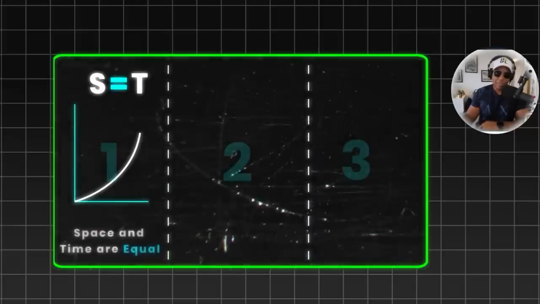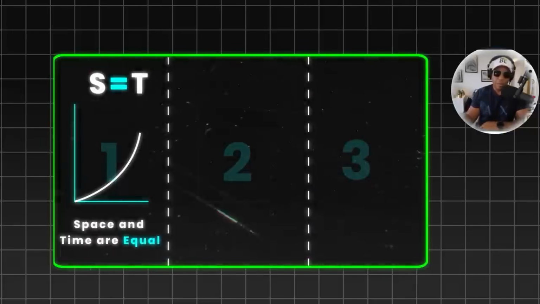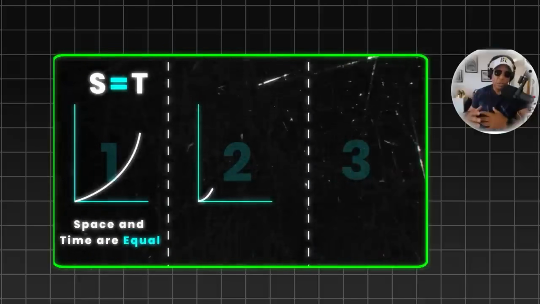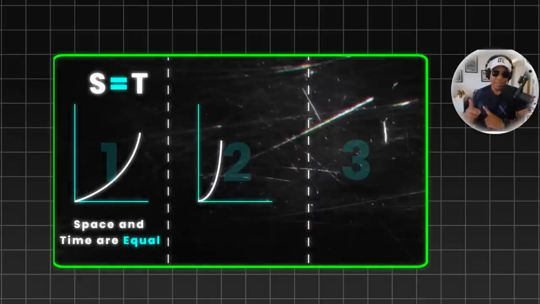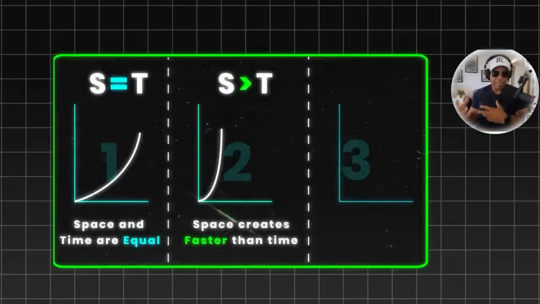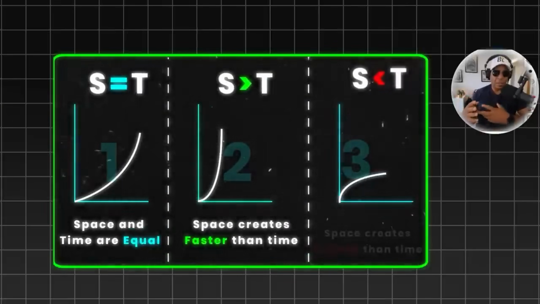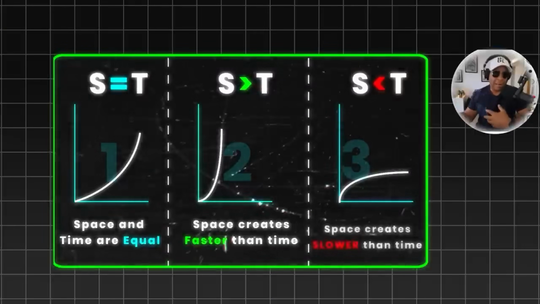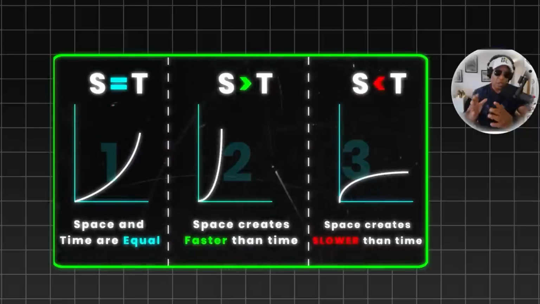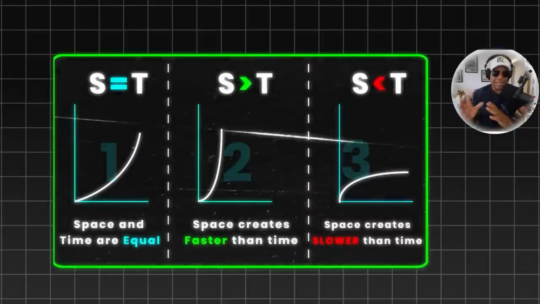Time and space are equal. This is the equal form. It is possible to create space faster than you're creating time, and vice versa. It is possible to create more time than you're creating space. So they're not always equal.